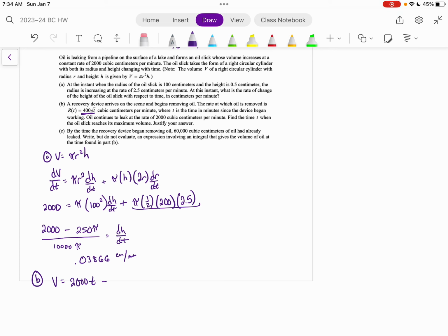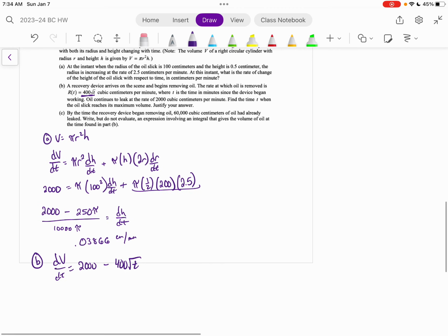We don't even want to think about it like this. We would just want to go straight to dv dt. We know dv dt is going to be 2000 minus this r of t, minus 400 root t. We don't want to integrate that if we don't have to, right? So why even bother with the actual volume? We don't need to worry about that.